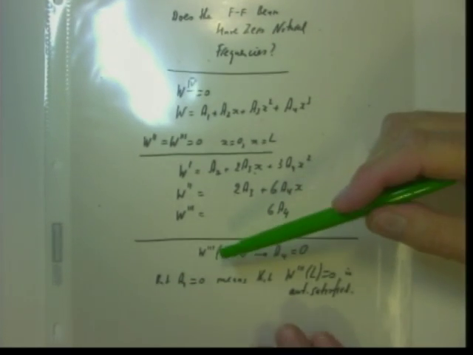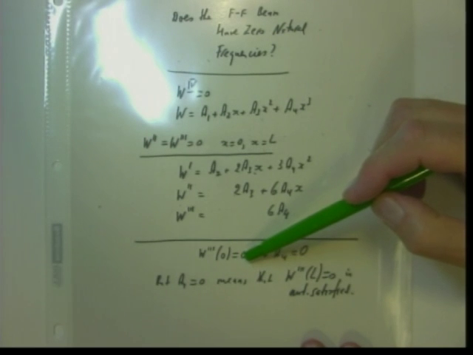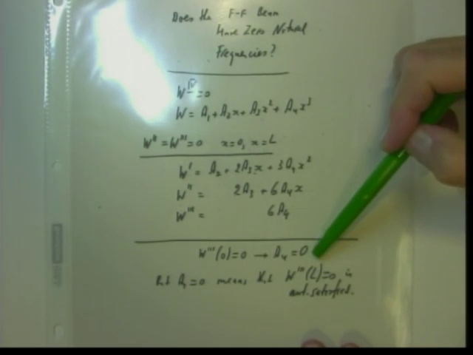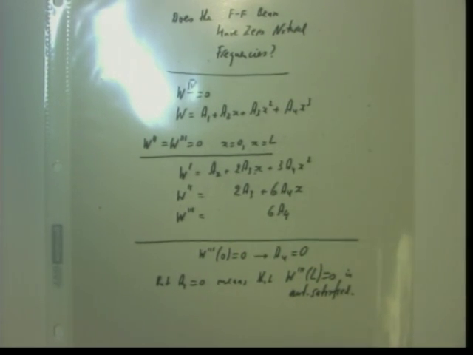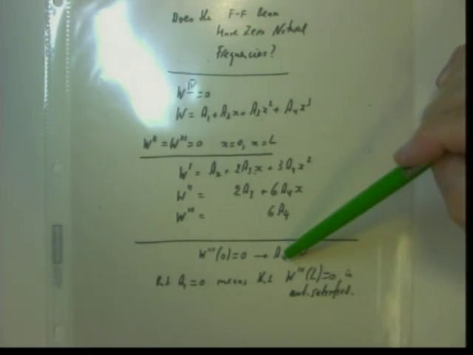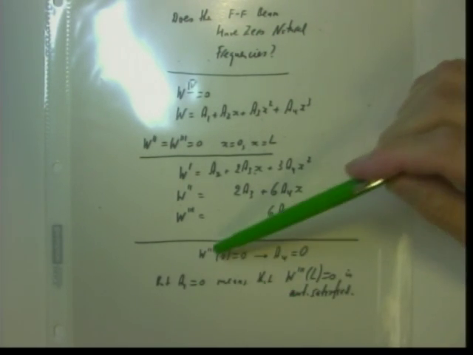Now, because W's third derivative equals 0 at 0, a4 must vanish. A4 must vanish. But a4 equals 0 means the third derivative is 0.